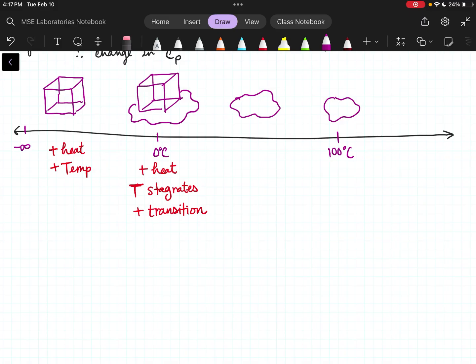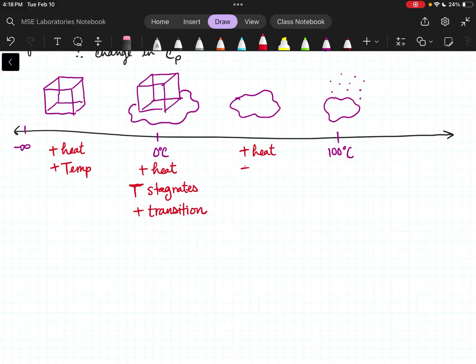At 100 degrees Celsius, I am going to start getting evaporation. So I'm going to draw some little gas molecules, I don't know, dots above. While the water is just water between 0 and 100 Celsius, as I add heat, what happens to my sample?